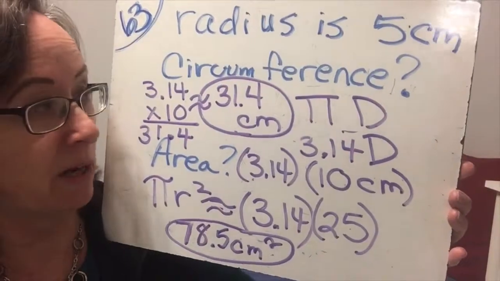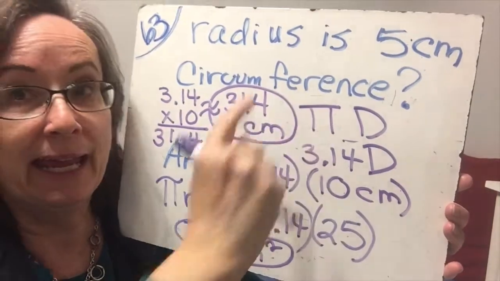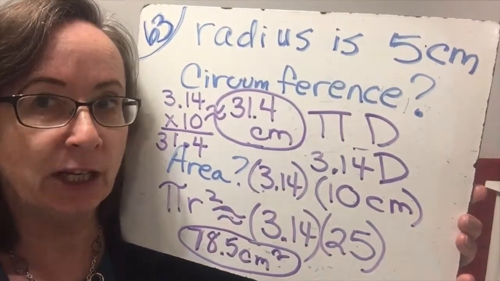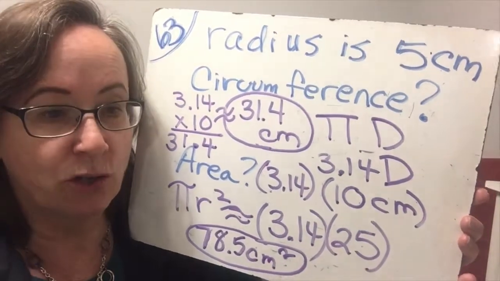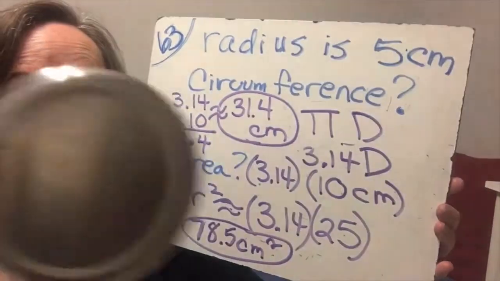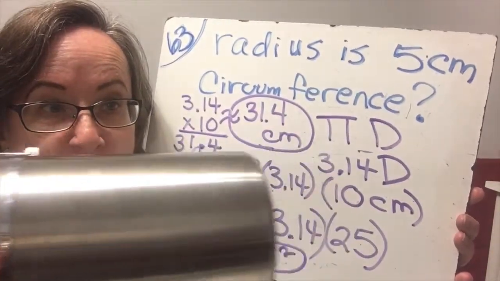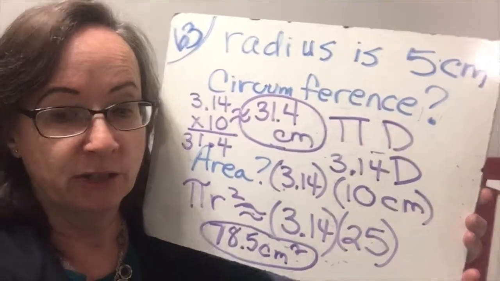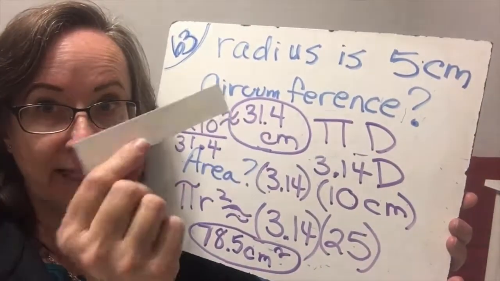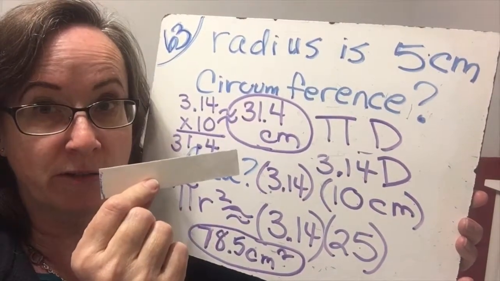So I want you to notice that our circumference is a linear measure. It's as if I took my circle and I made a nice little saw line and unrolled my circle. Okay, so remember, I took a linear measure and I just folded it around the circumference.